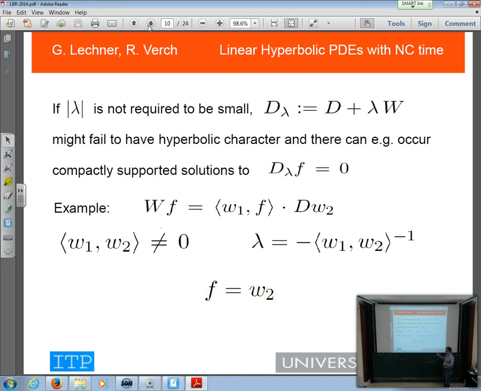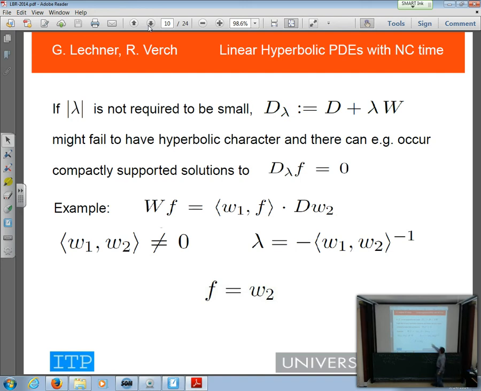You take W to be a tensor product of two functions. One function in the X slot is W1, and the other in the Y slot is W2. And then you arrange things such that you get a non-trivial solution which has compact support. You can do that.